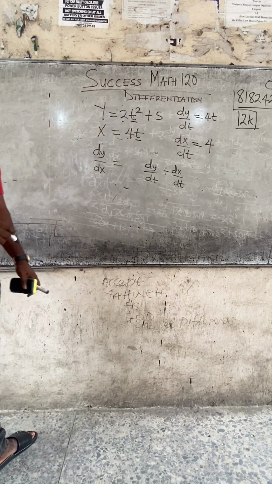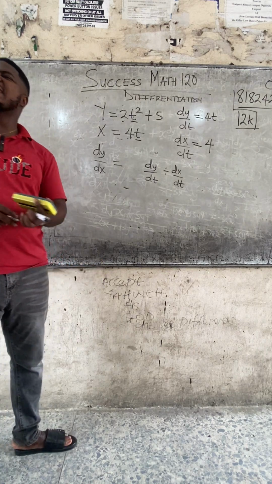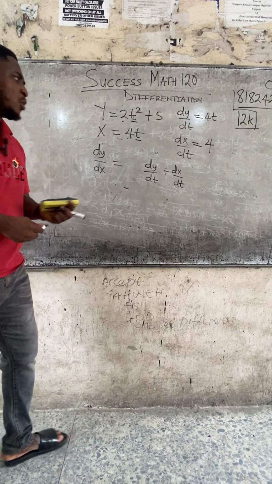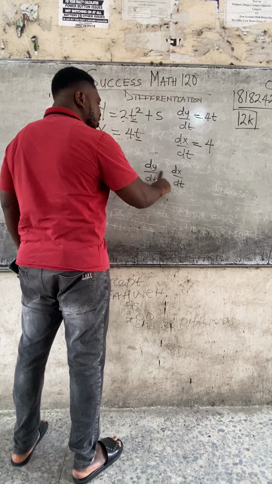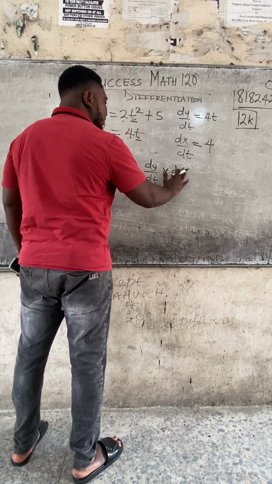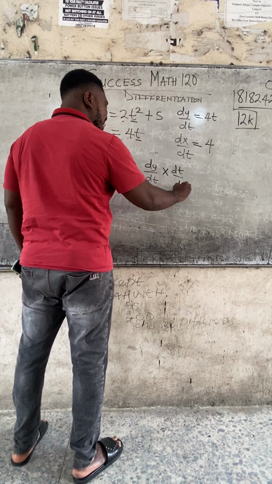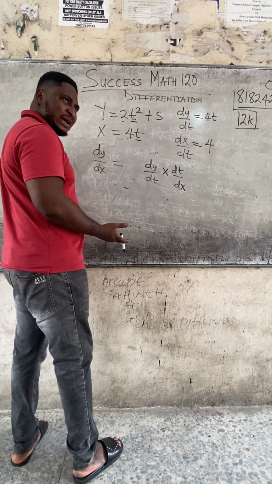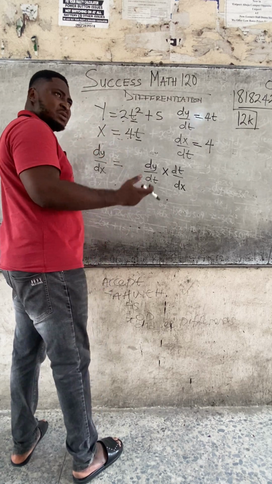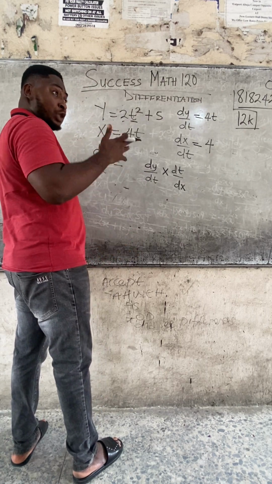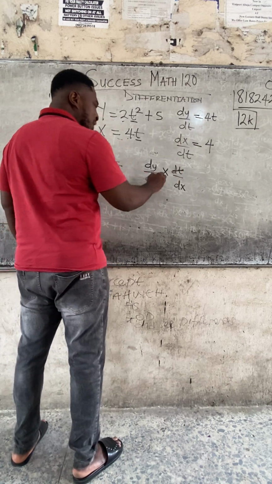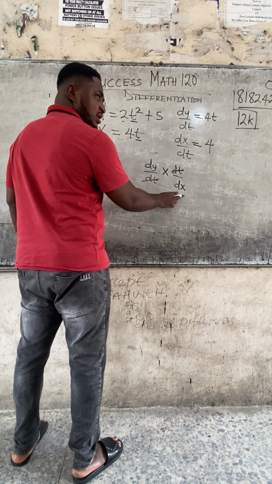Follow me. If you divide dy/dt by dx/dt, you have dy/dx. Why? Because the inverse rule tells us that when division changes to multiplication, the denominator goes up and the numerator comes down. Remember this rule in mathematics. So the dt cancels, and what's remaining is dy/dx.